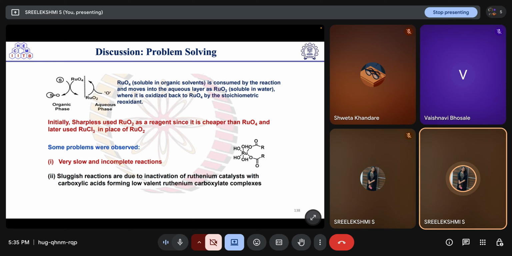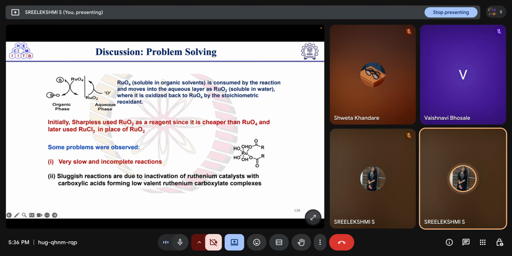What will happen in such cases is that ruthenium tetroxide is soluble in the organic solvents which we are using. Once it is consumed by the reaction, the byproduct will be ruthenium dioxide. So this is the organic phase. Firstly, our substrate S is there.